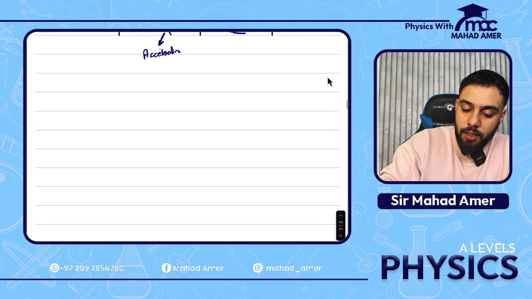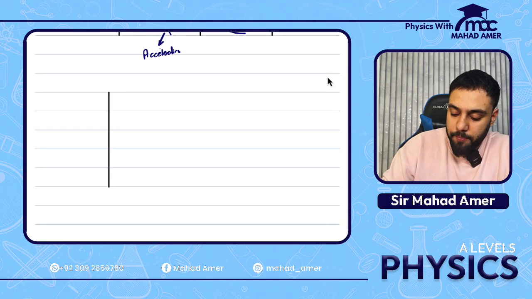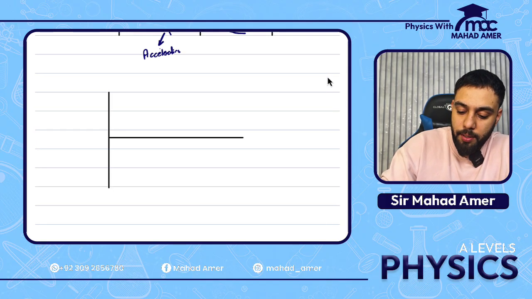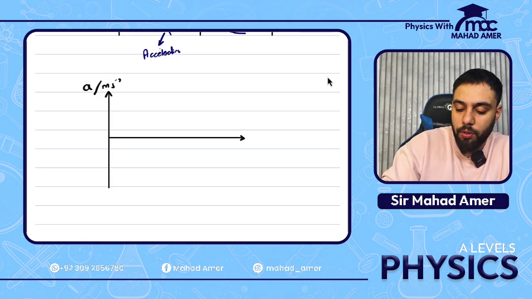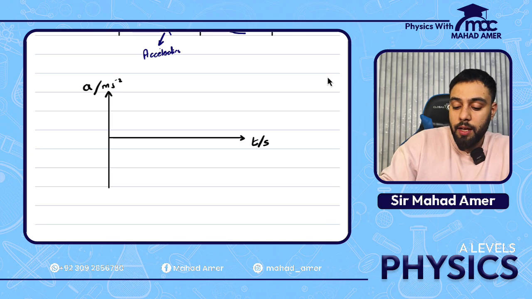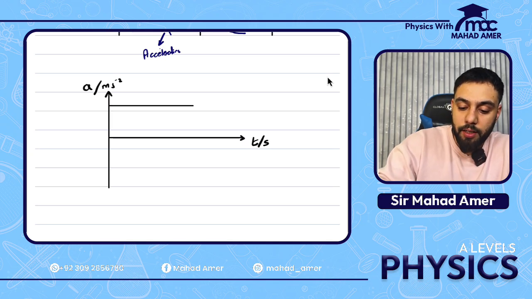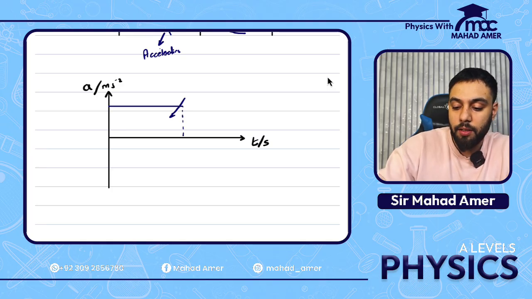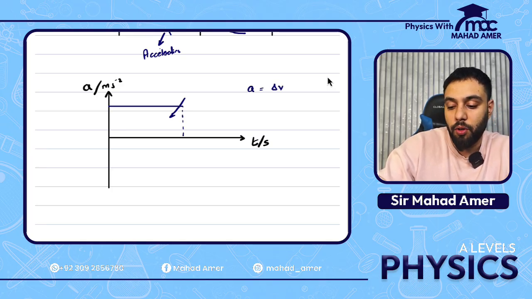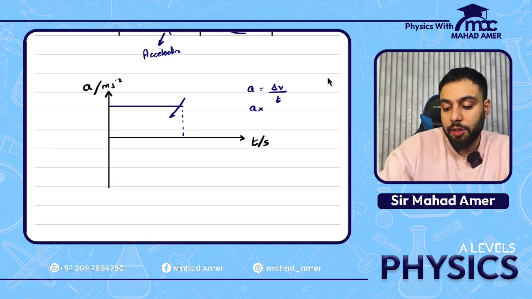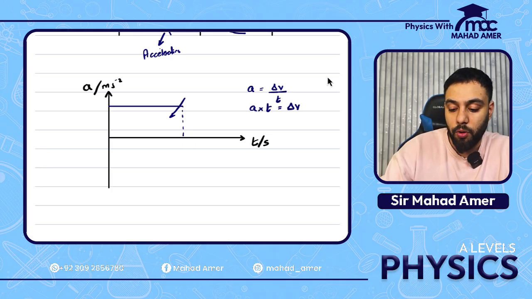Last is the concept of the acceleration time graph. I'm going to be discussing one last thing, that's acceleration in meters per second squared and time in seconds. If there's an acceleration time graph that is drawn, the area under the graph, since acceleration equals change in velocity over time, so acceleration times time actually gives us change in velocity.